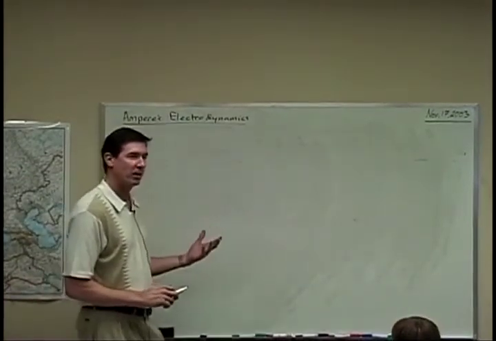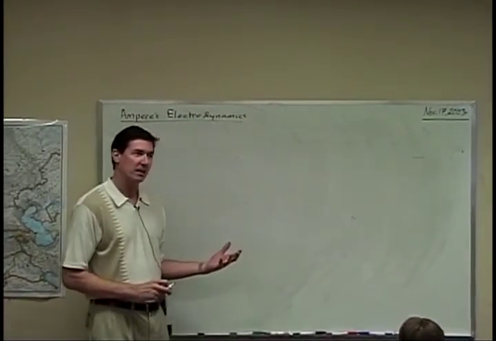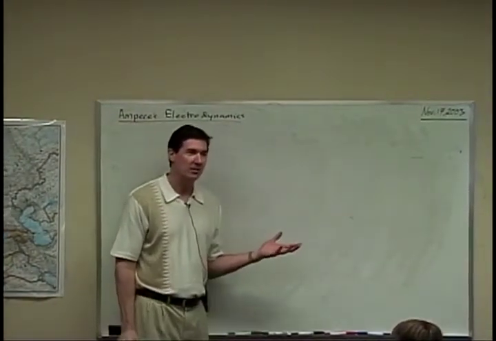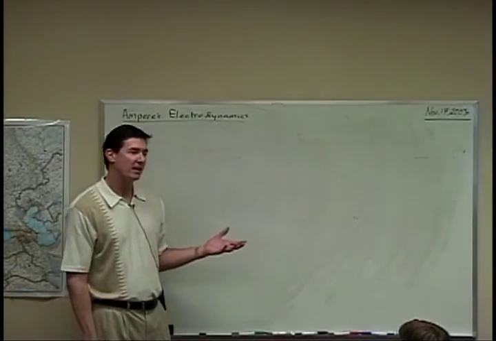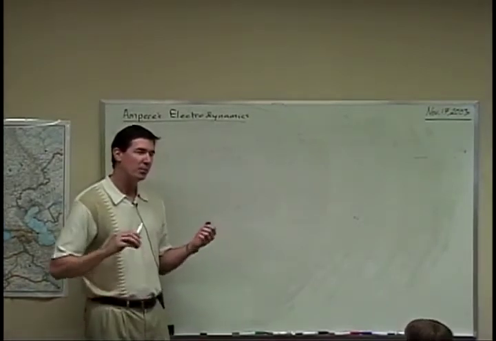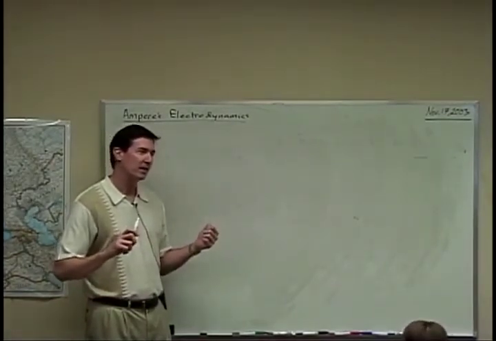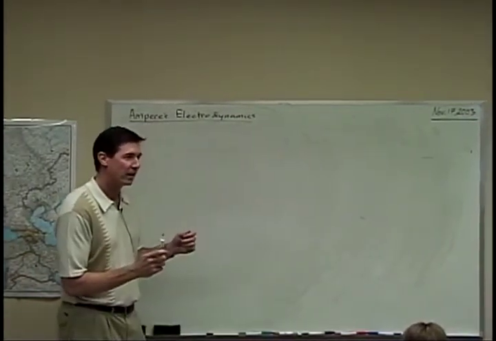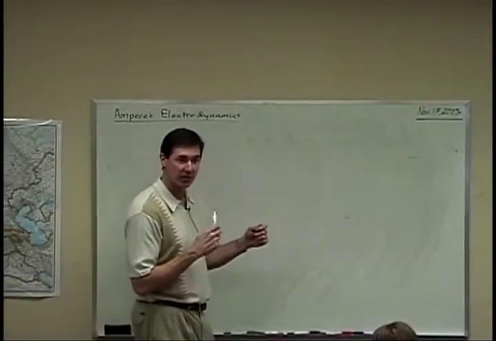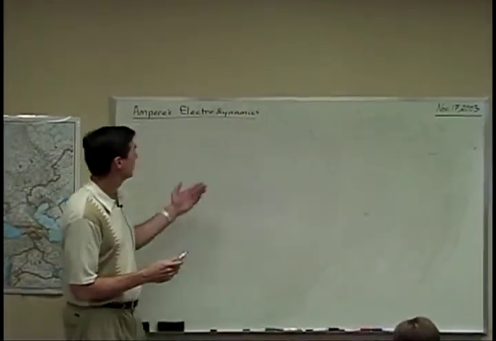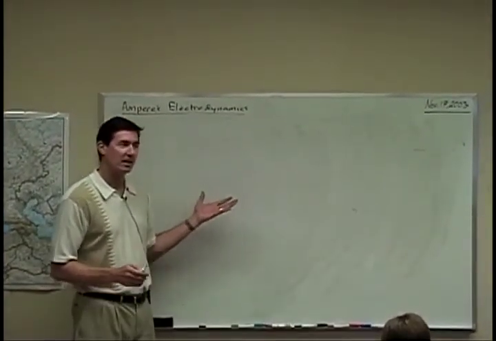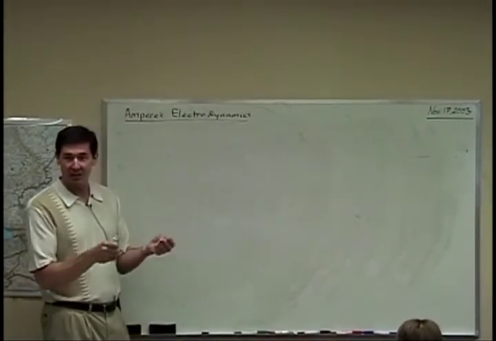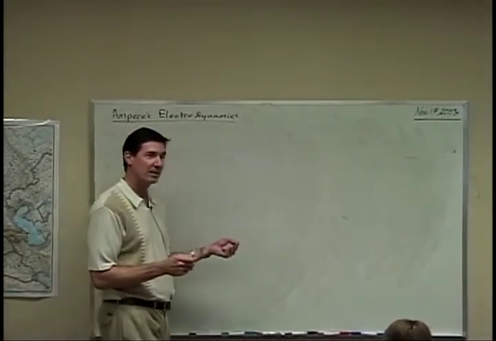That's about all that I wanted to say about Ampere. He was the one that took Oersted's original discovery and realized that the magnetic forces around a current-carrying wire were circular, and then established that all electric currents exert forces on all other electric currents, and how that worked.